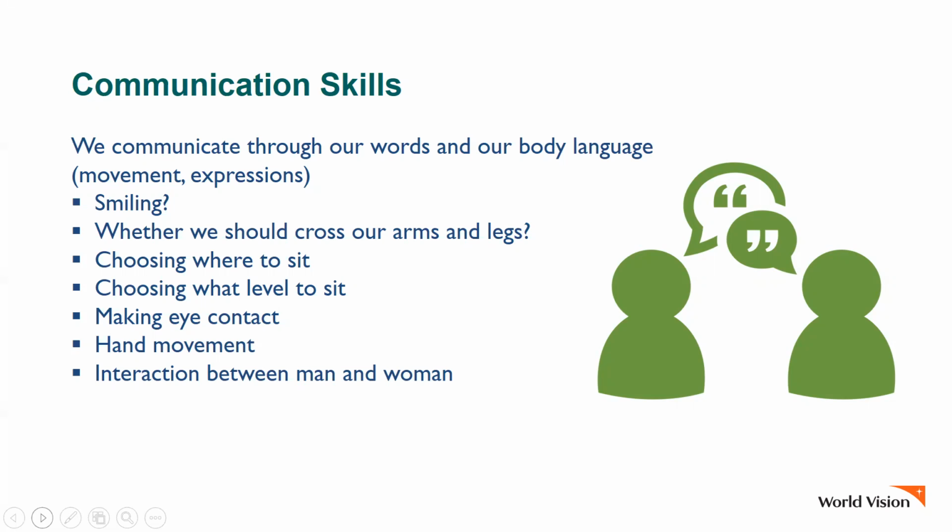Choosing where to sit. We discussed earlier about the need to sit 1 meter away from each other for COVID-19 prevention. But of course, choosing where to sit is important, and make sure that as much as possible you sit across from each other so that you can have eye contact. And also choosing what level to sit.